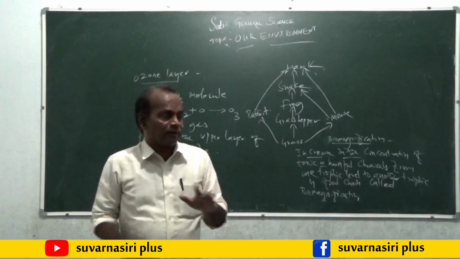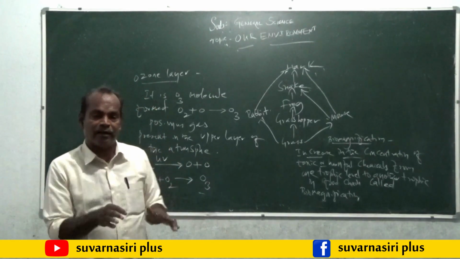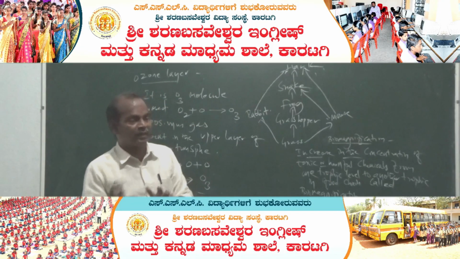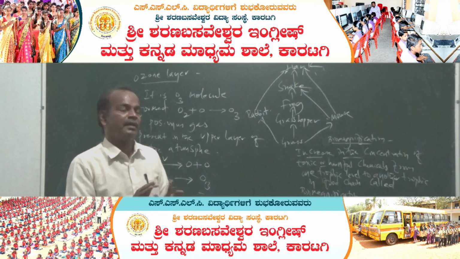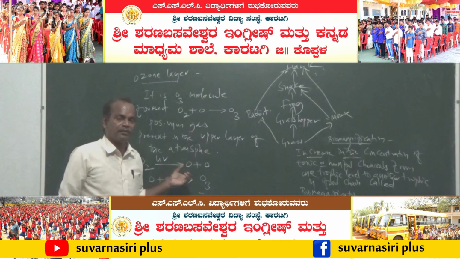If the ozone gets depleted, the ultraviolet rays reach the earth and cause skin cancer, vision loss and respiratory disorders, etc. And what is the main cause for the depletion of ozone?